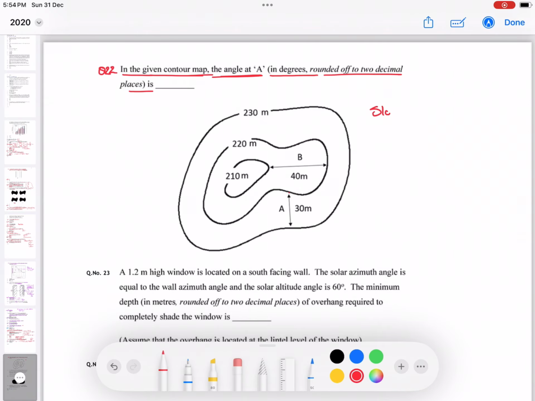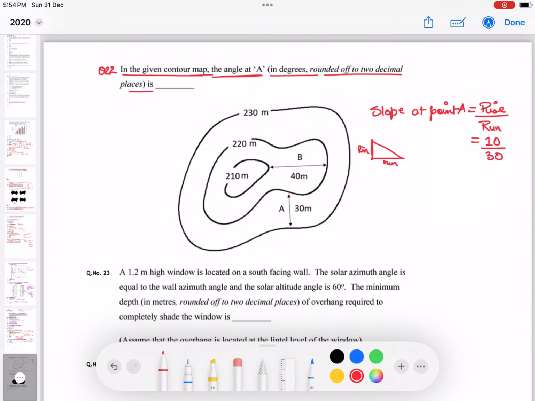It is very easy. You have to write slope at point A equals rise upon run. What is the rise? It's 10. And what is the run? So this is the rise and this is the run.